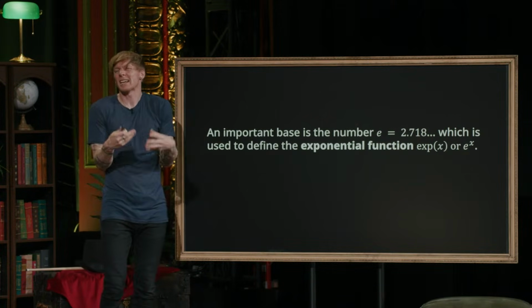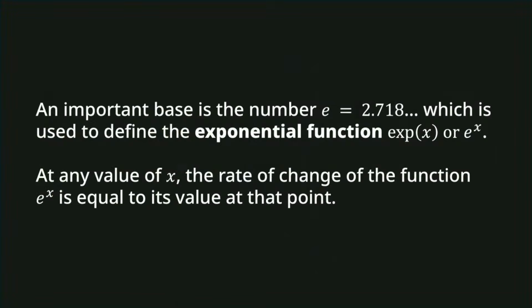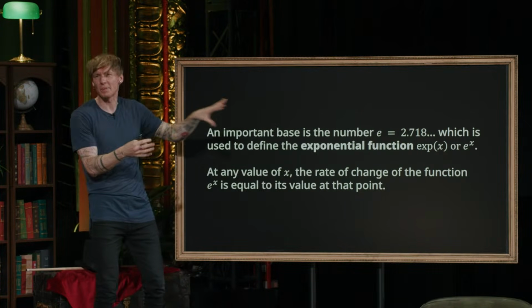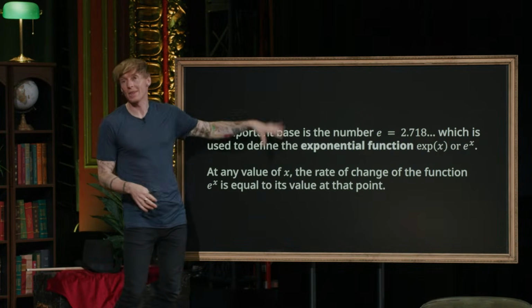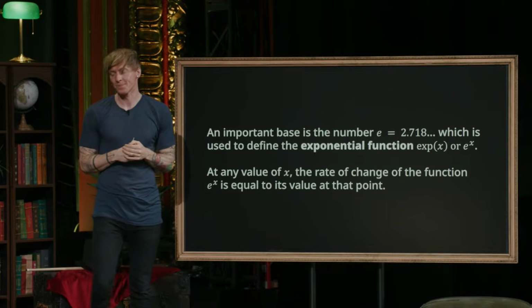And by doing this, it has lots of interesting and fun properties. One of my favorites being that at whatever value of x you have, the rate of change, the rate of growth of your function is exactly equal to the value that you're currently at. And there are many other sophisticated properties and things that you can do with this function, which is why it has this special name and this special choice of base.